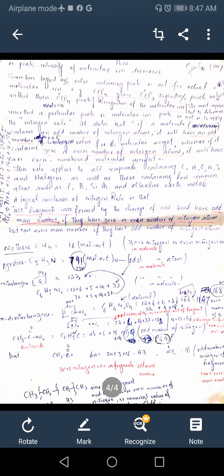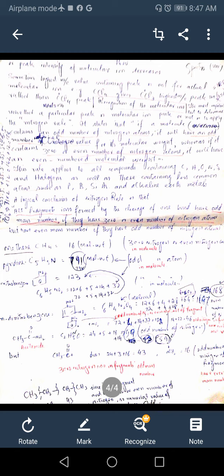Now how will you confirm that the molecular ion peak which we have observed is actually the molecular ion? This is confirmed by the nitrogen rule.